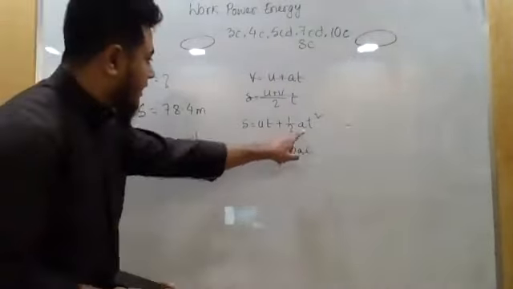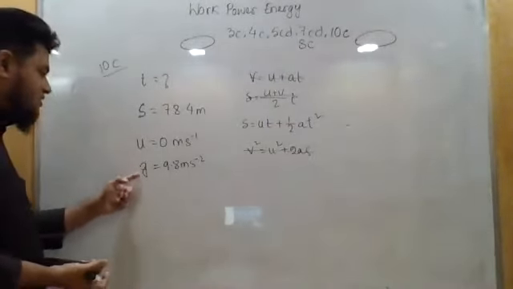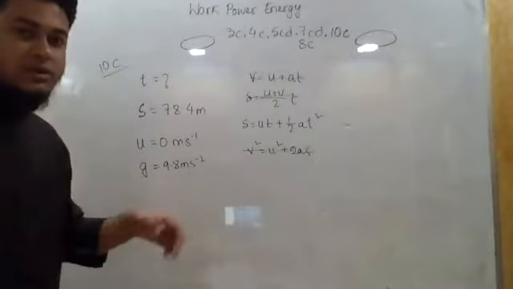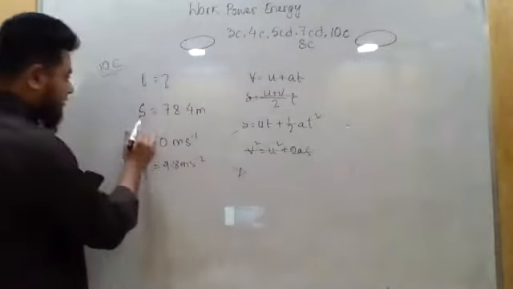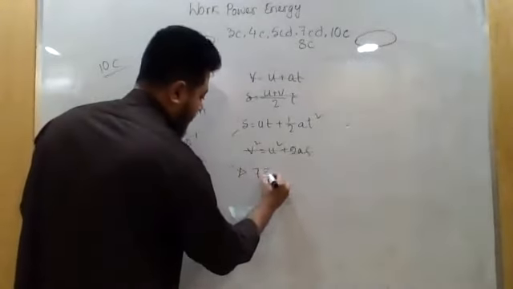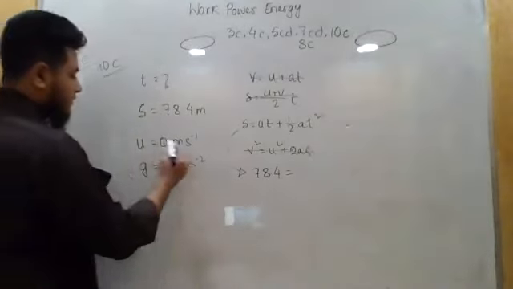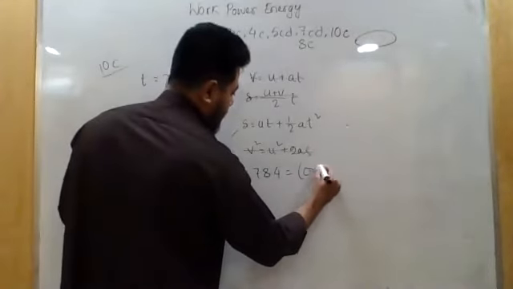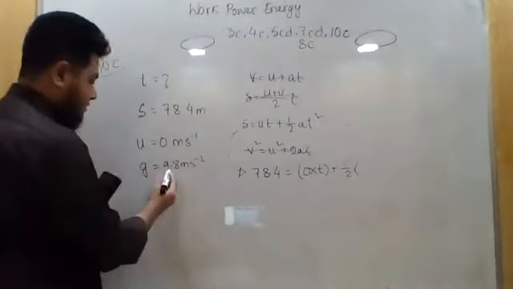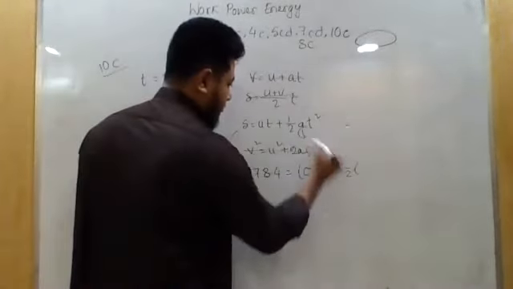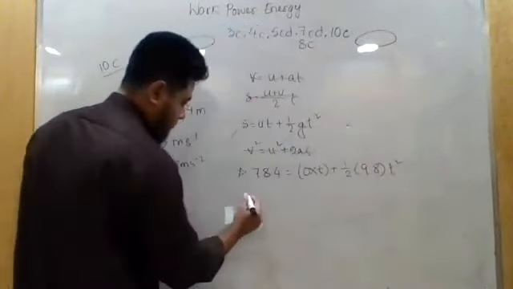Now let us take a look at this one. s, u, and a. We need these three. a is acceleration, which is g in our case, right? So we will apply this equation. s is equal to 78.4 is equal to ut plus half gt square. Initial velocity is 0, so u into t will be 0 into t, and half into acceleration, that is 9.8, so 4.9 t square.